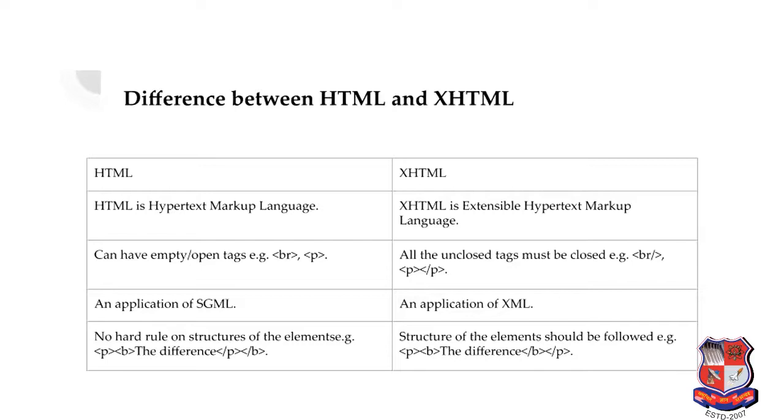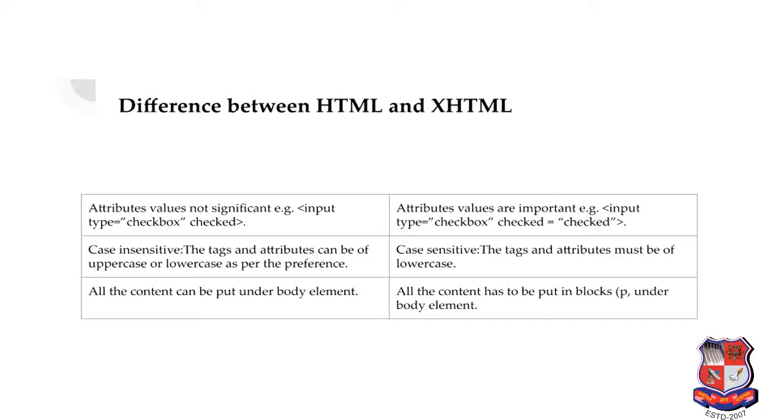You can see here on the screen. While in XHTML, the structure of the elements should be followed. You can see here an example, paragraph or bold tag. In HTML, attribute values are not significant, while in XHTML, attribute values are important.